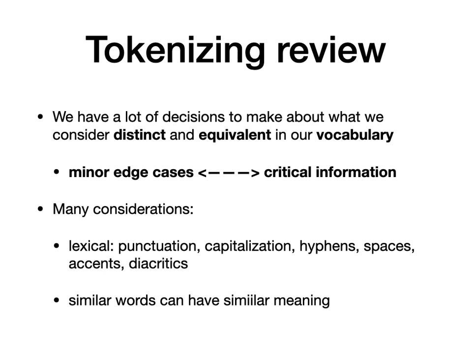Which things do we want to collapse together? What equivalence classes do we want to make? And there's the balance between handling minor edge cases at one far end and making sure that critical information actually gets through at the other. There's a sort of tension there.